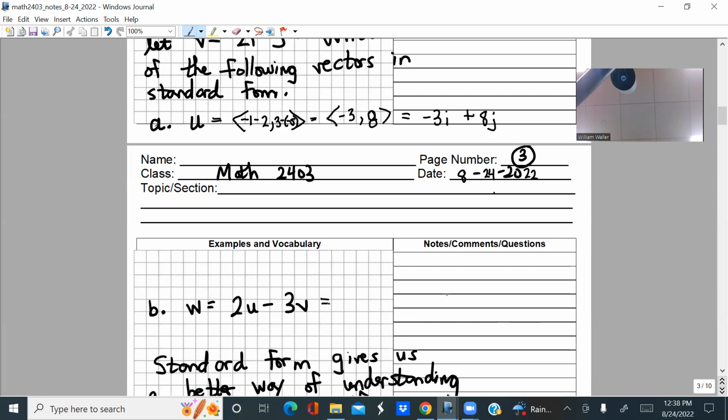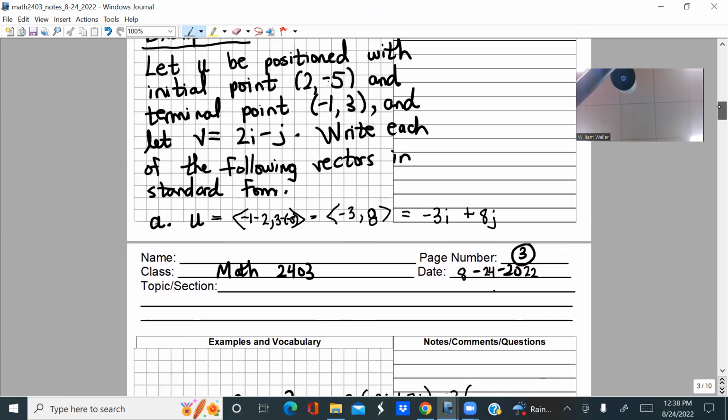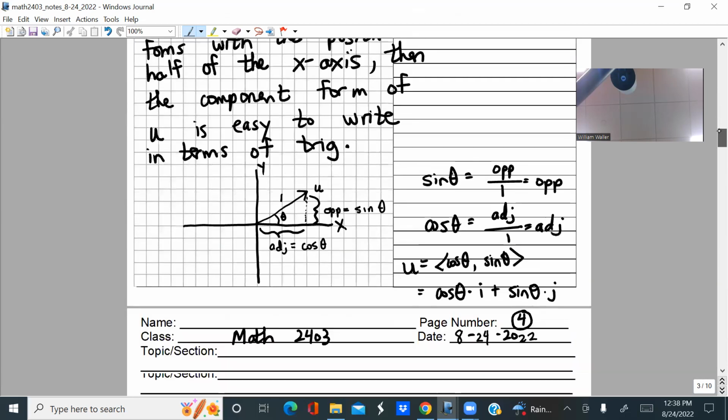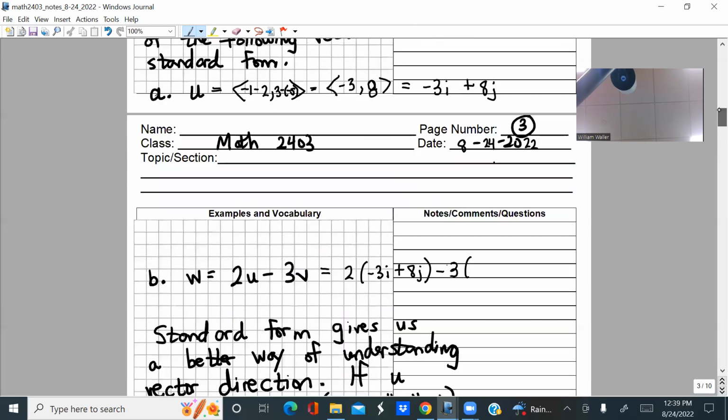Once you've got these vectors written in standard form, this becomes an algebra problem. So we would have 2 times u, which is -3i plus 8j, and then -3 times v. Let's see, what was v again? I forgot. 2i minus j. So 2i minus j.